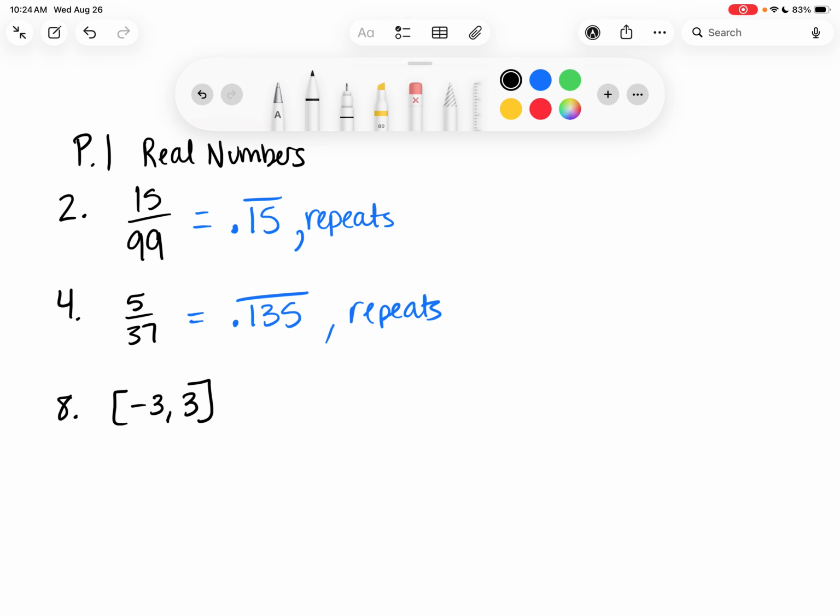So on a graph, this is going to look something like this. We're going to have a bracket here, and fill it in the middle.